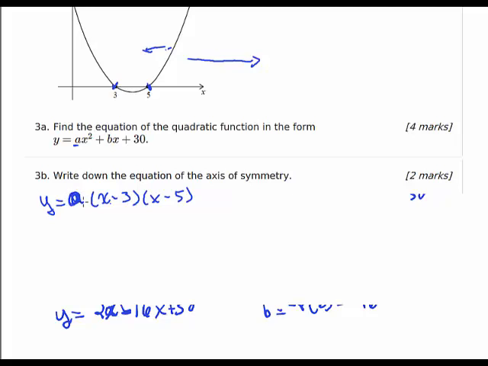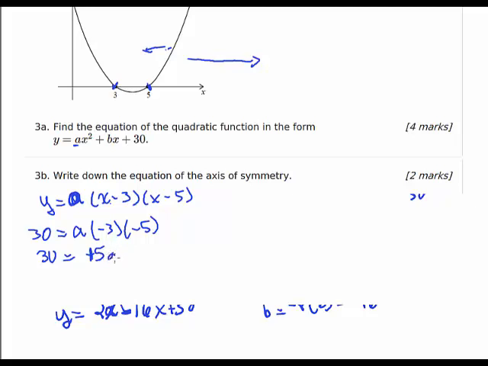Now, from this point, again, we know that 0, 30 is a point. So we have that y equals 30, and it's a 0 for x, so a times negative 3 times negative 5, and so 30 equals 15a.